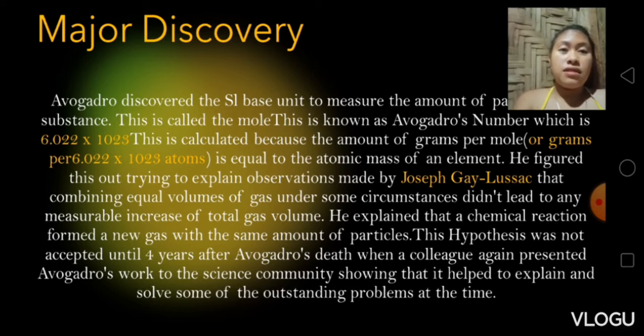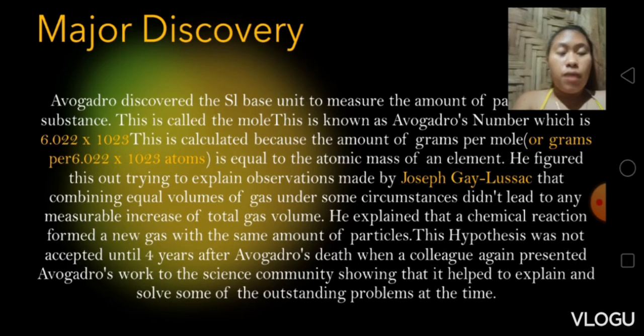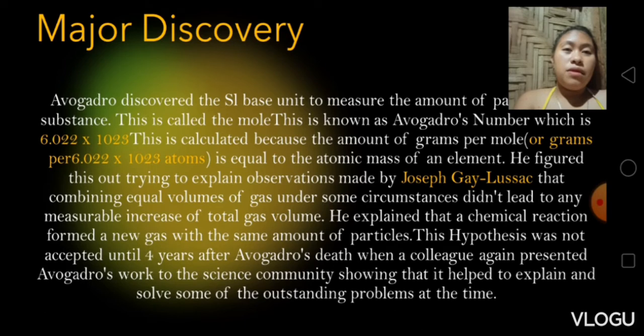This is calculated because the amount of grams per mole of 6.022 times 10^23 atoms is equal to the atomic mass of an element. So the number of Avogadro's mole is 6.022 times 10^23.